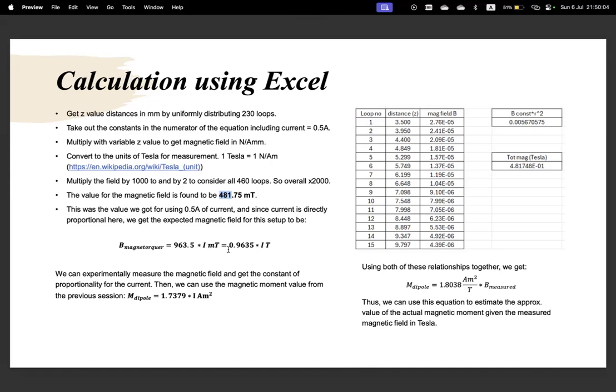Okay, so we use these simple experiments, these simple measurements, to get a sense of what magnetic field is being generated. Now, magnetic field itself is not magnetic moment. Magnetic moment is a function of the magnetic field, and a bunch of other things come into play for us to get the magnetic moment.